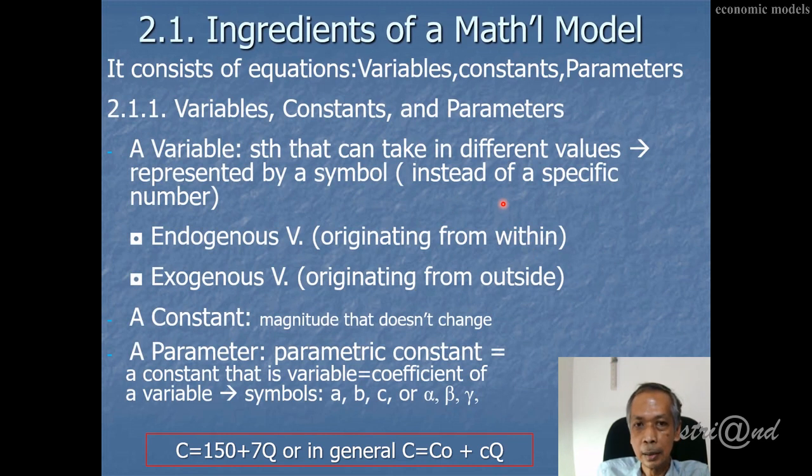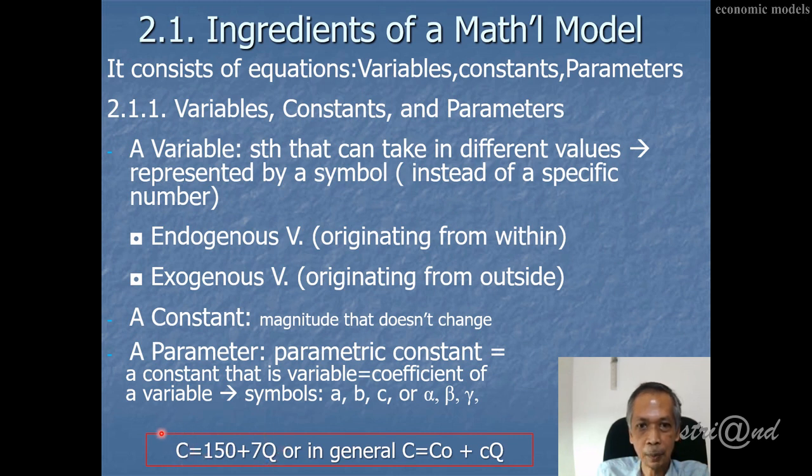There are many things that we can find in an economic model or in a mathematical model. The first thing that we're gonna see is variable. Again, back to this example, C here is a variable, Q here is a variable.